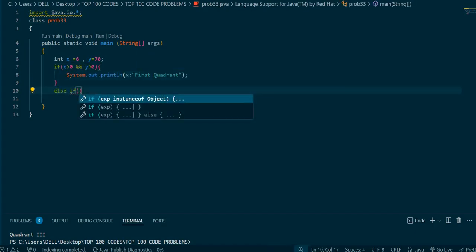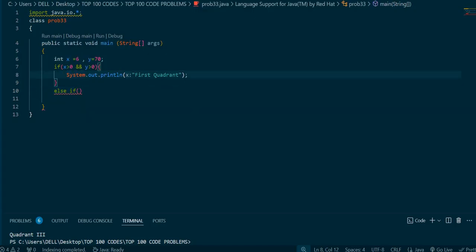Else if, for the second quadrant, x should be positive and y negative. So x should be greater than 0 and y should be less than 0 to get negative values. It should be in the second quadrant.